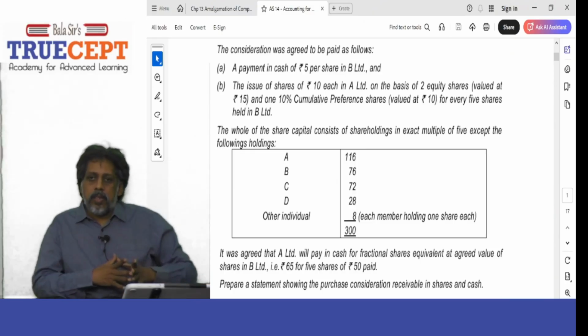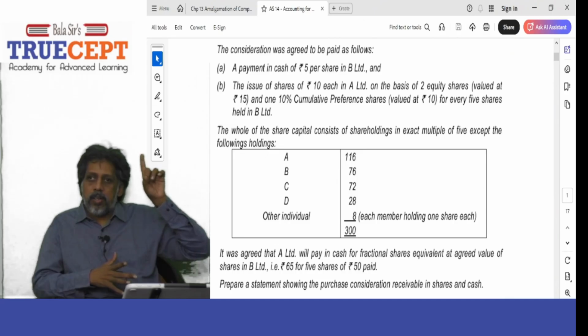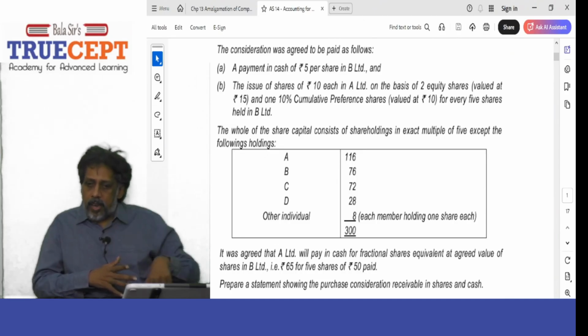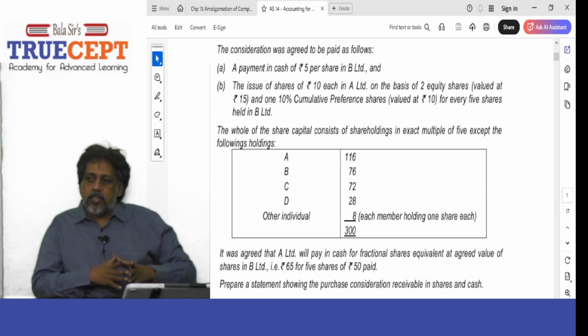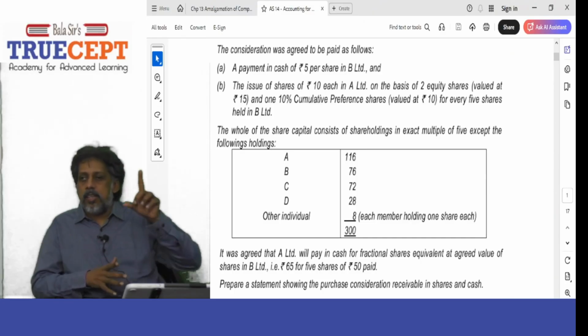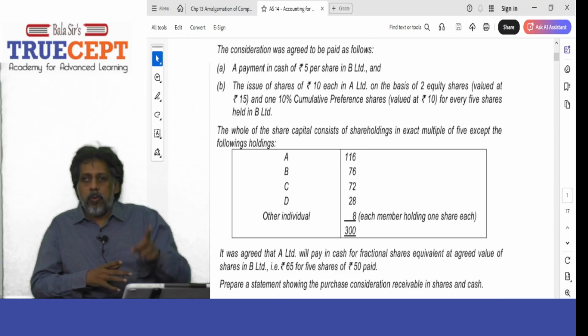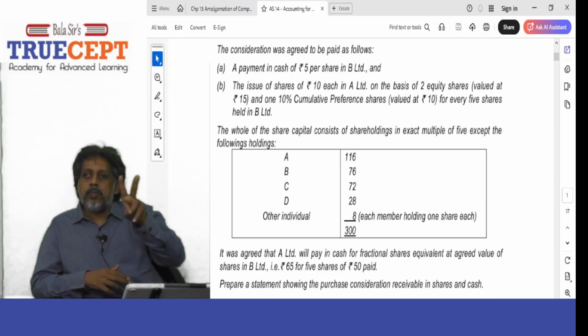A, 116 shares. What is the meaning? A holds 116 shares, which is part of that 80,000. Is it in multiples of 5? No. Let me show what happens if we divide straight away. Take a calculator. What is 116 divided by 5 into 2?